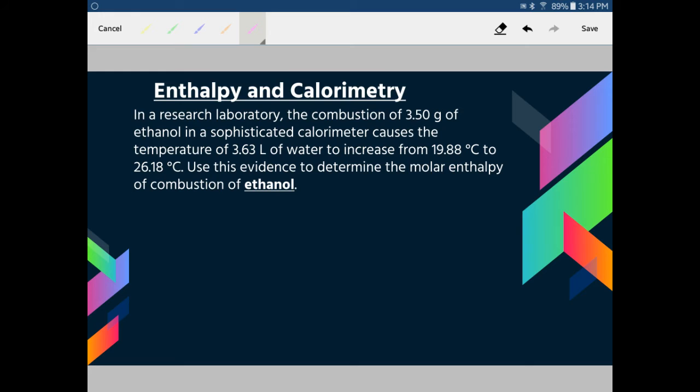Now, if we think back to our little drawing of our calorimeter, I'll just sketch it here. Okay, we know that anything in this little pink canister is going to be our reaction. In this case, we're looking at the combustion of ethanol. Okay, now in this blue is our water. We measure the temperature change of that water using a thermometer, which is here.